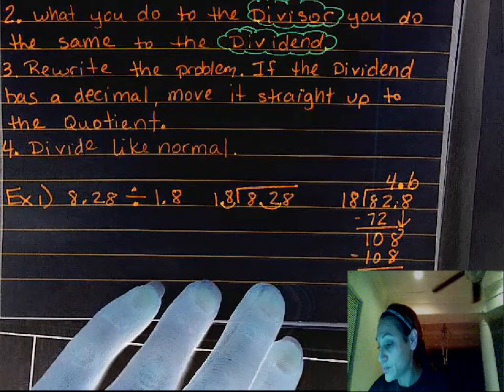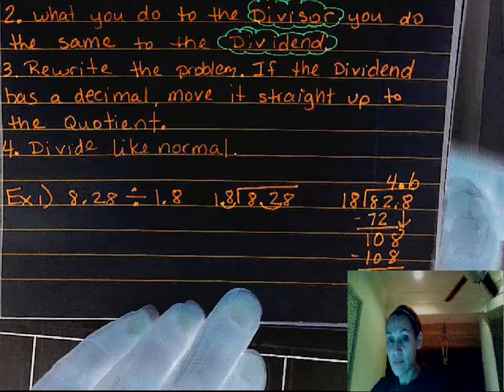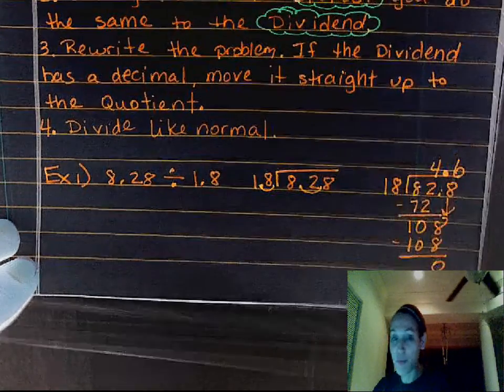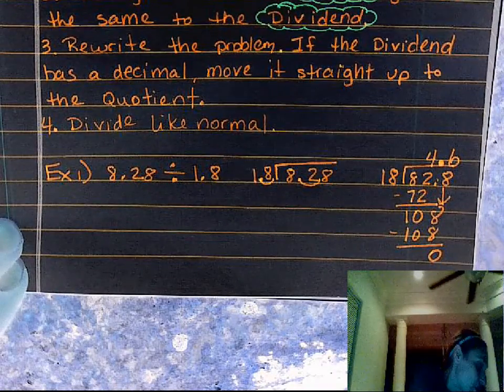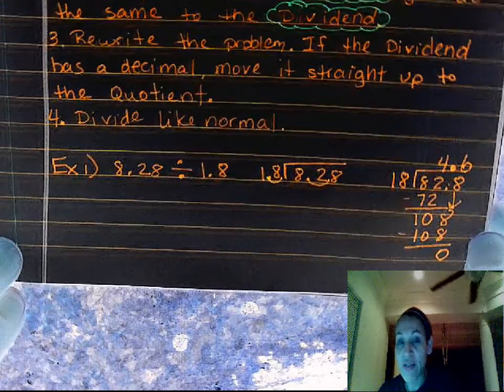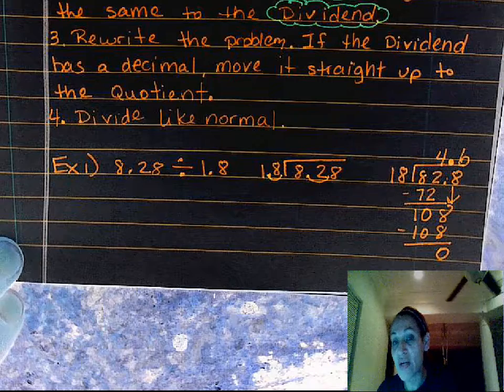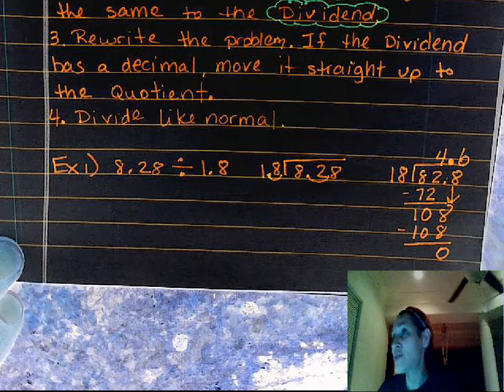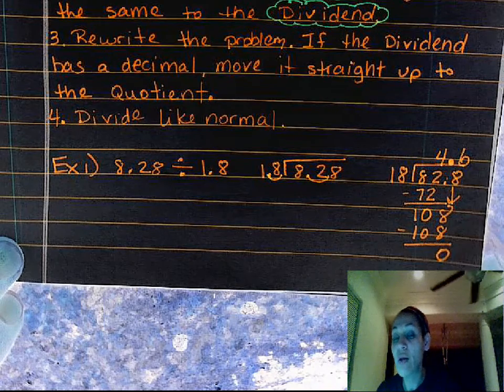That is my quotient. Let me move these papers out from here. Okay, so we just divided it. Once we moved the decimals, we took care of those decimals and put them in the place where they needed to be. And all there is to do is to divide it like normal.